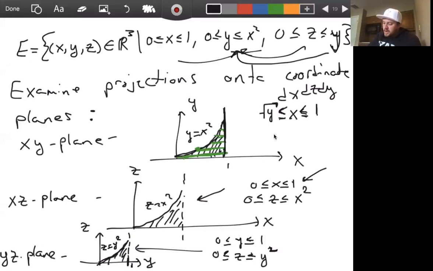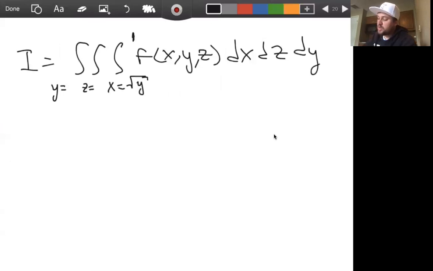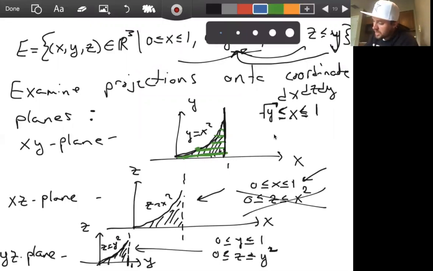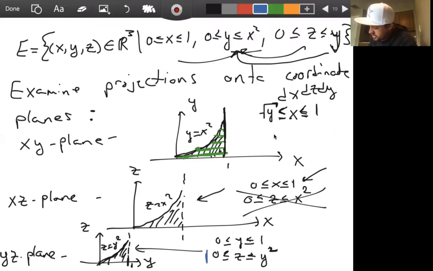Okay. Then we want to integrate with respect to z next. But we've already integrated with respect to x, so we cannot have x in our bounds. Because of that, we need to look at whichever description of z we have that depends on y and not x, right?